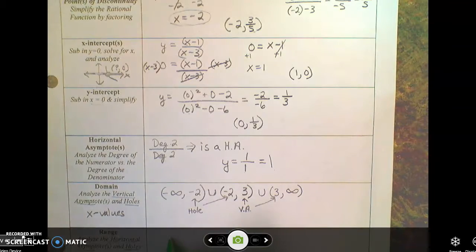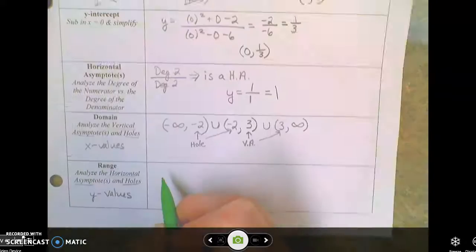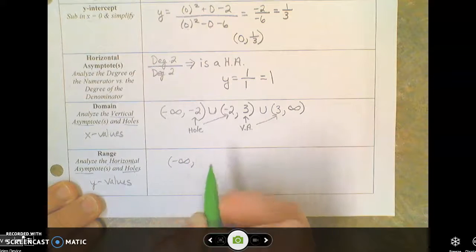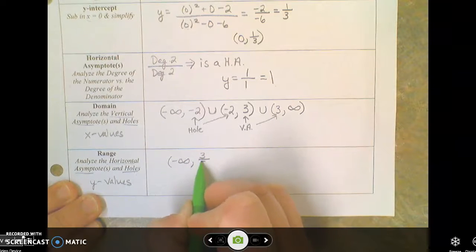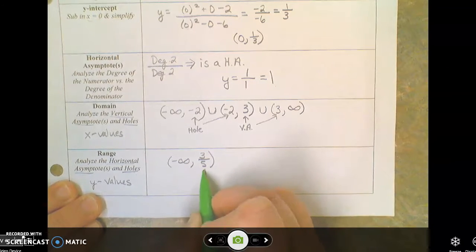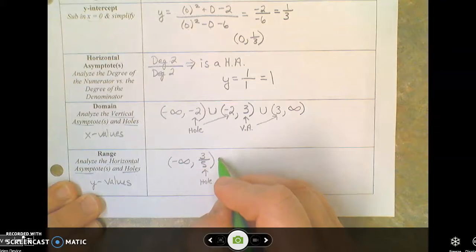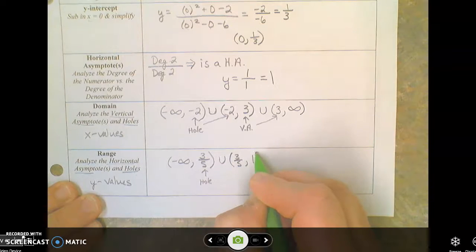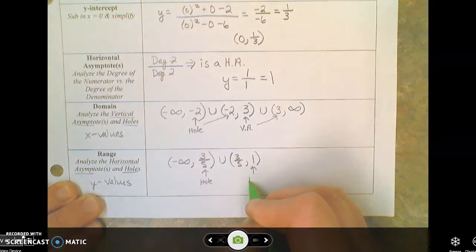So our range goes from -infinity to 3/5, not included, and this is the y value of the hole. And it picks up at 3/5 and goes until 1, which is our horizontal asymptote.